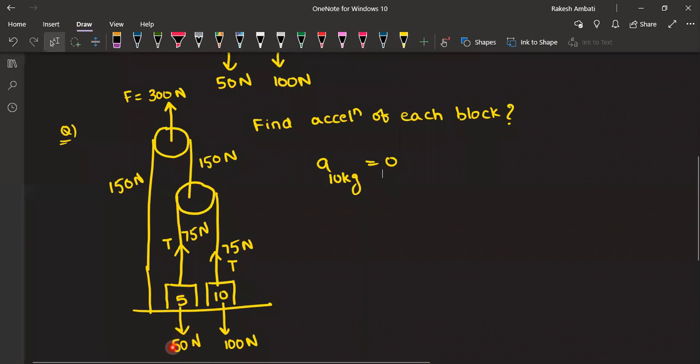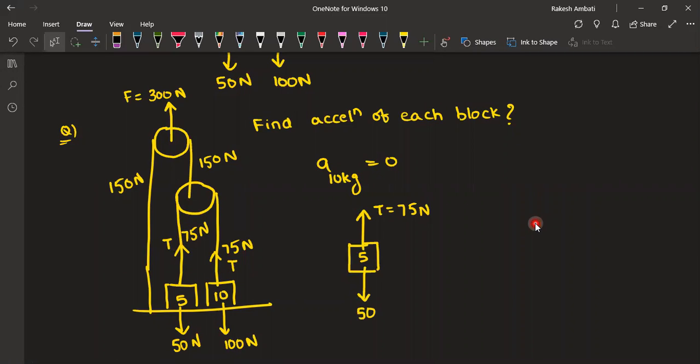Here the lifting force, the tension force, is 75 newtons. So this 75 newtons can lift the 5 kg block. If we draw the 5 kg block separately as a free body diagram, its weight is 50 newtons, but the lifting force, the tension force, is 75 newtons. This 75 newtons is sufficient to lift the 5 kg block, so it will be lifted up. That is the direction of motion.